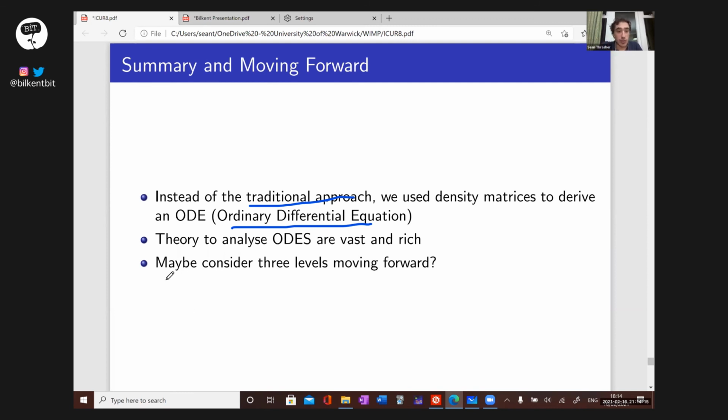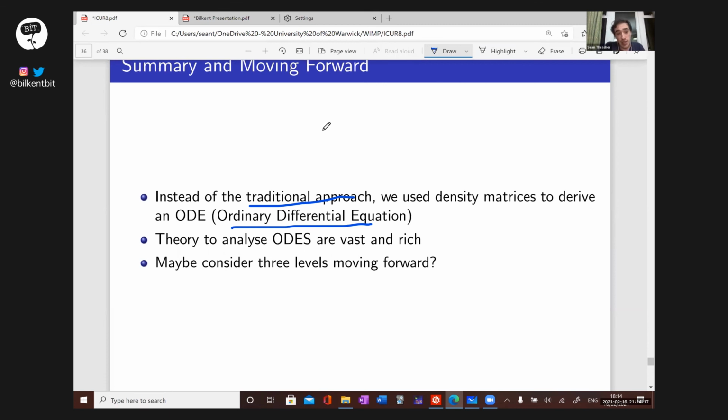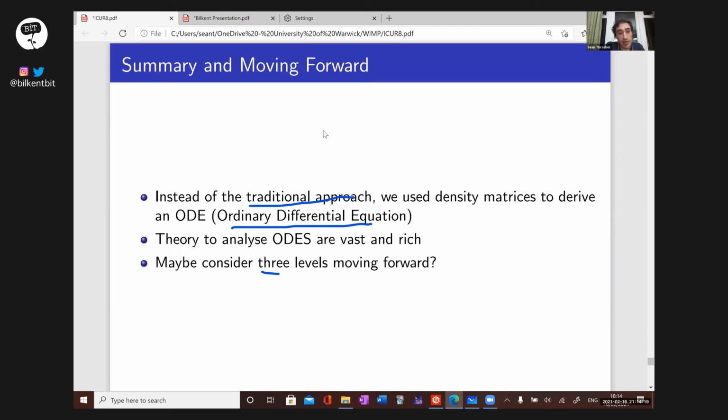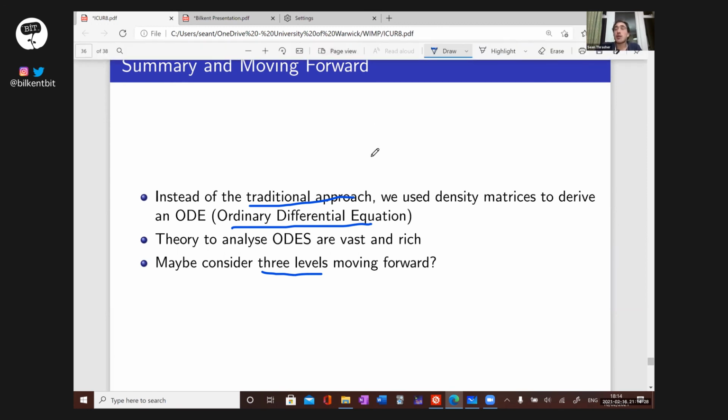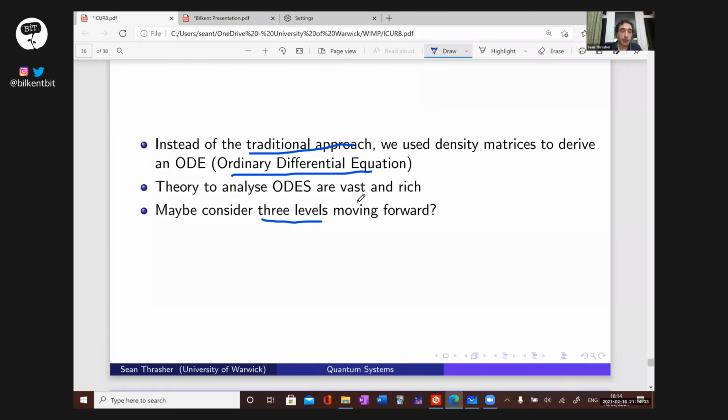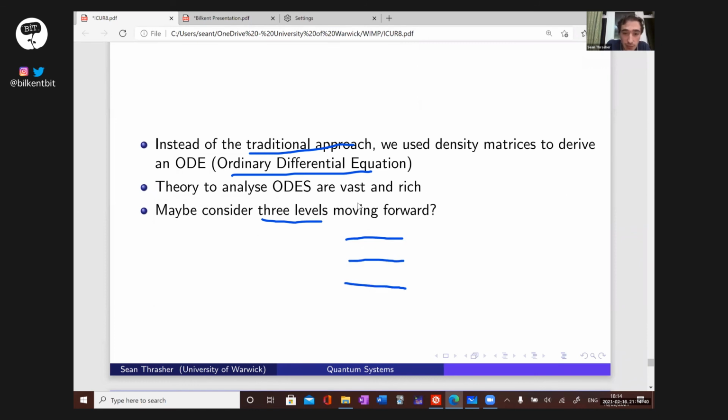And then the question is, so we considered 2 levels. What about 3 levels? The effects that you could get at 3 levels are very interesting. Someone in my maths department thought about this problem and considered having 3 energy levels. I'm going to butcher the explanation definitely, but let me try and give you a taste of what the idea is.